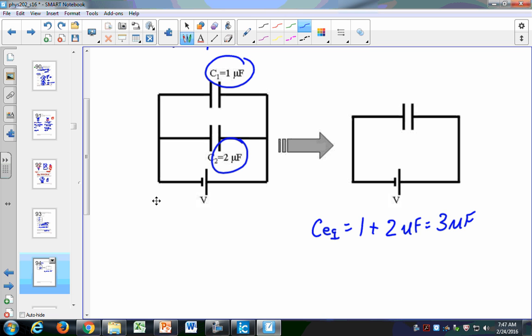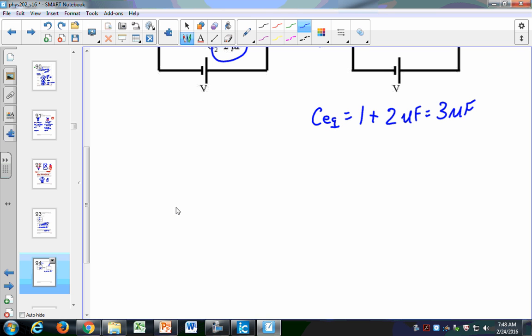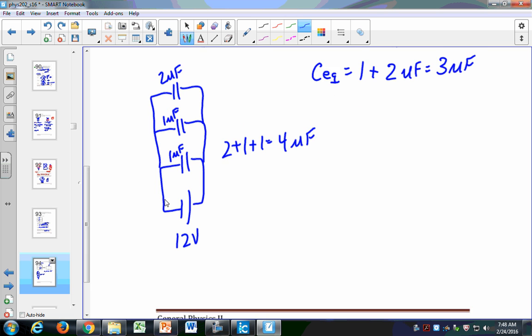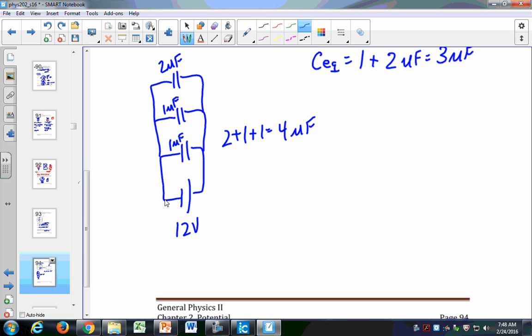Similarly, if I had 1 microfarad, 1 microfarad, 2 microfarads, then this would be 2 plus 1 plus 1, which is equal to 4 microfarads. All right? Just add them up. Nothing complicated with resistors or capacitors in parallel. Just add up the values of the resistors.